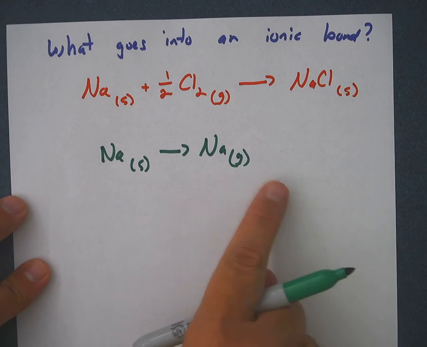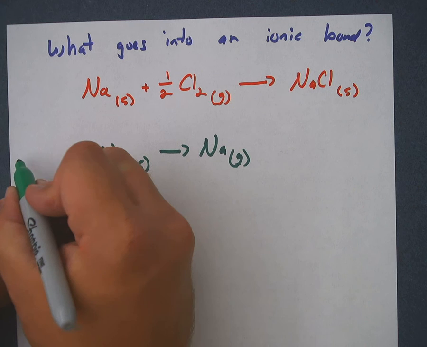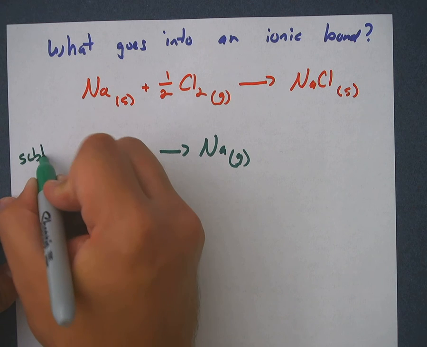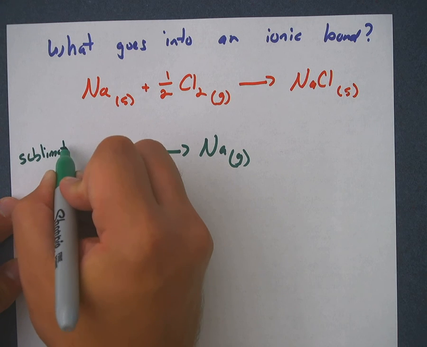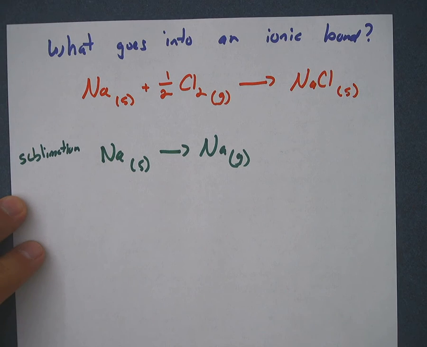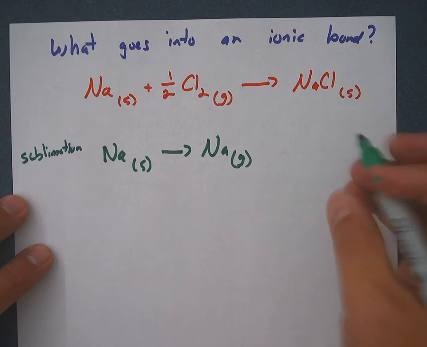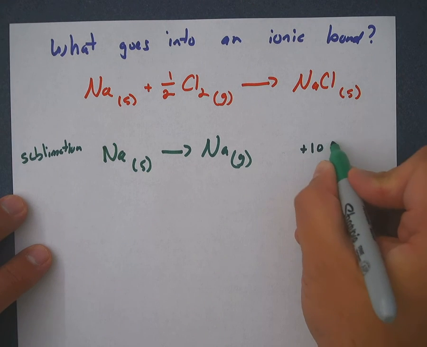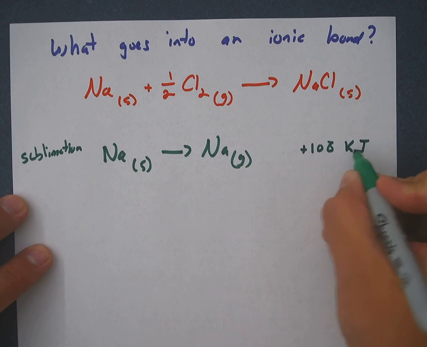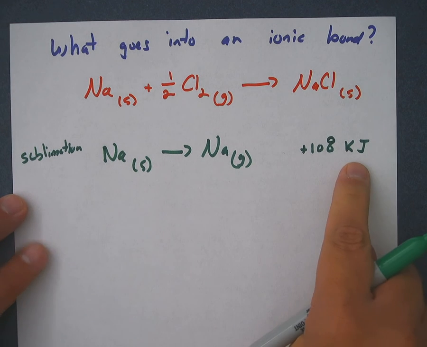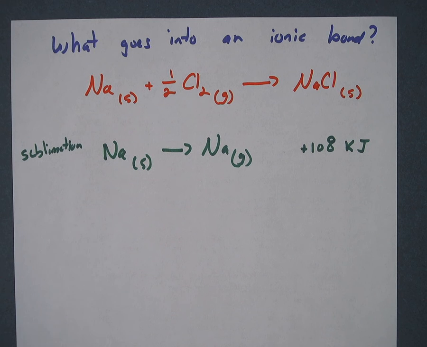Sodium solid turning into sodium gas is called sublimation. I looked it up, and the energy for this to occur is 108 kilojoules. If you're wondering what a kilojoule is, we're jumping around in chapters in the book, and it's just a unit of energy.